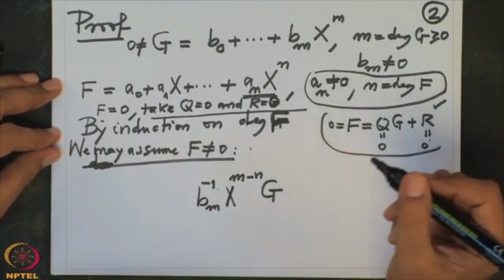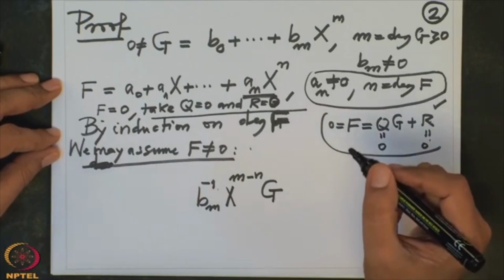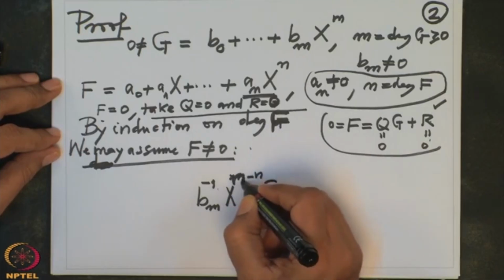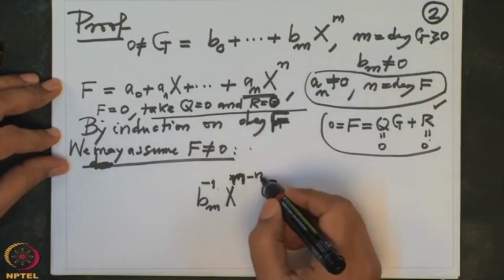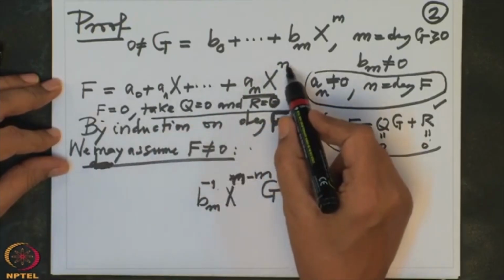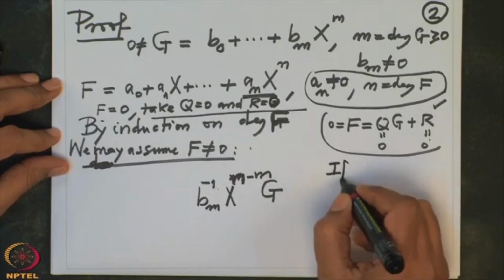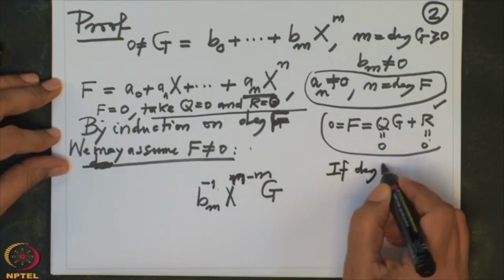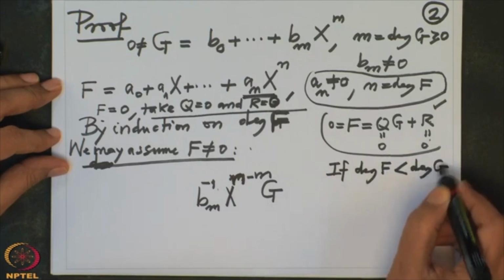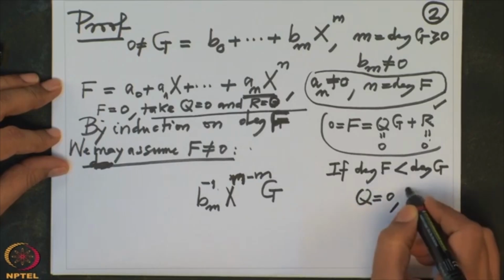First of all, I have again forgotten to make a comment. If the degree of f is smaller than the degree of g, then again I will take q equal to 0 and r equal to f.